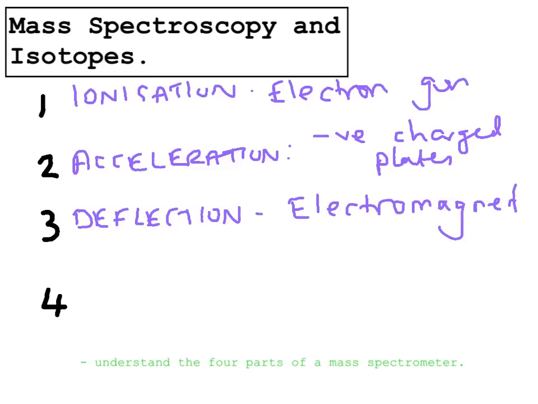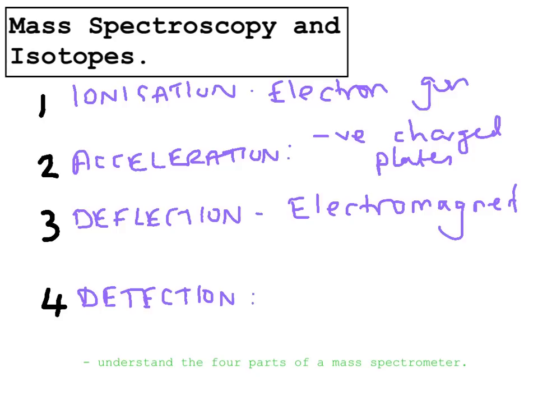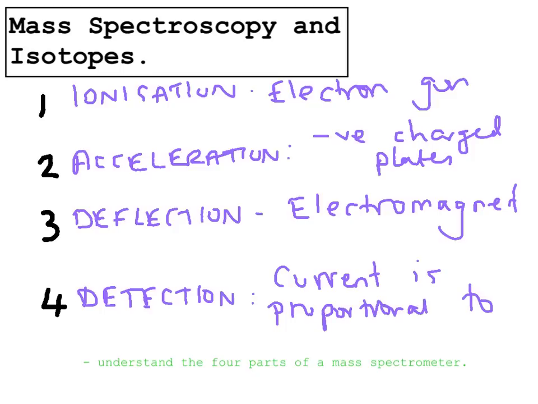So it can be made stronger or weaker. And then you've got detection, and you'd say current produced is proportional to the number of ions hitting it, or the abundance, which is the word you would see in a graph made by the mass spectrometer.